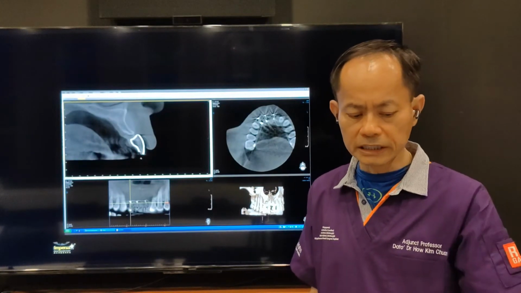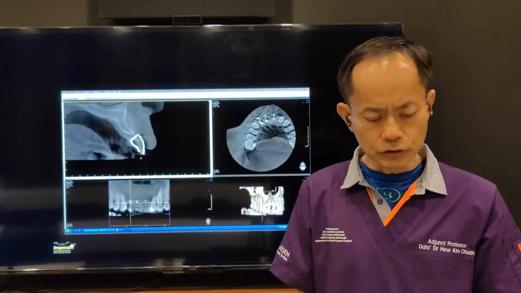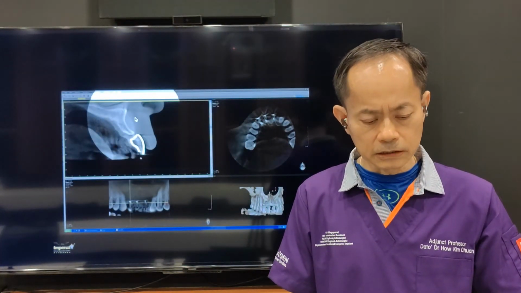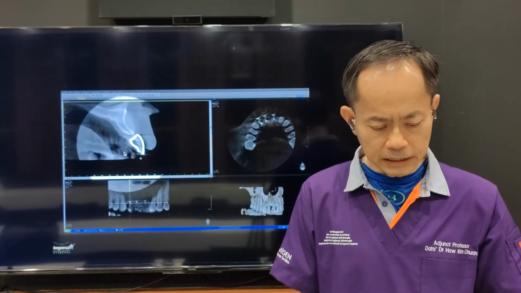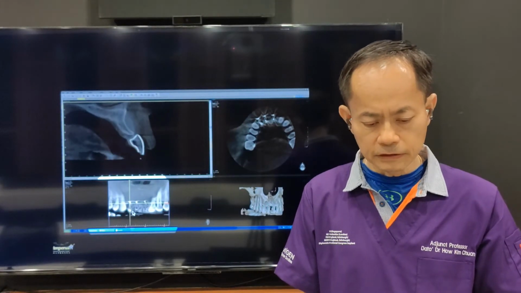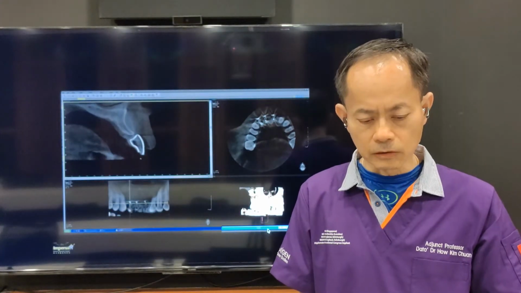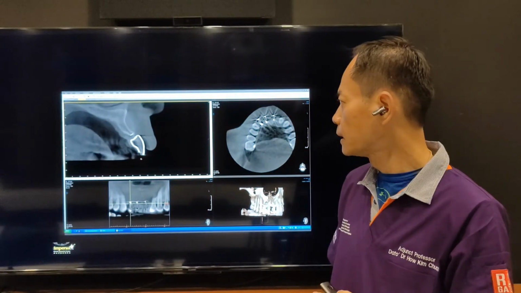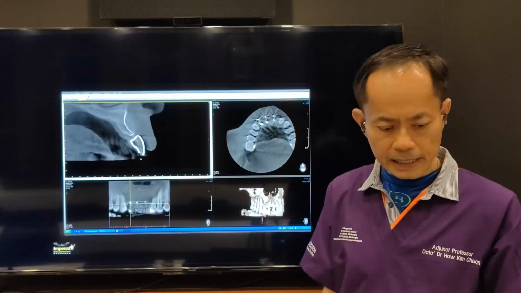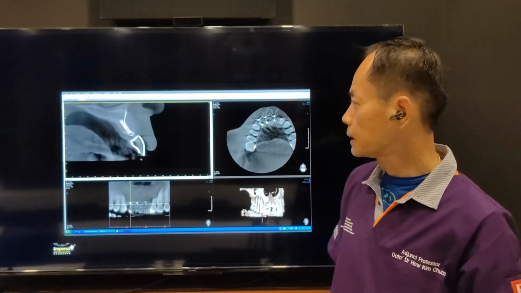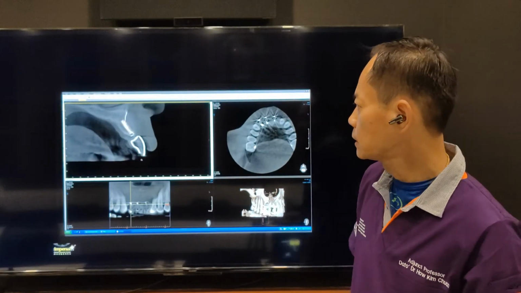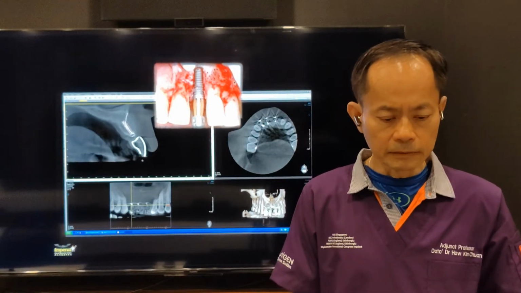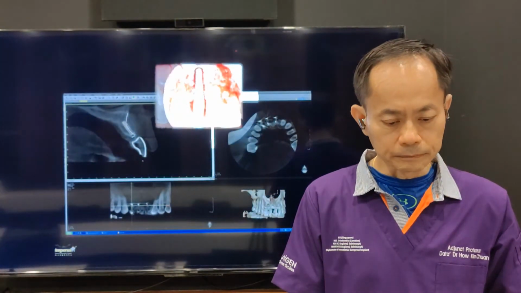We use 3D, and this is an example of the 3D CBCT, where you look at it from this view, called the sagittal view, then this one from the frontal view, and this one from the occlusal view. So if we were to plan placing an implant at this position, we find that we have a problem: we may expose the bone.